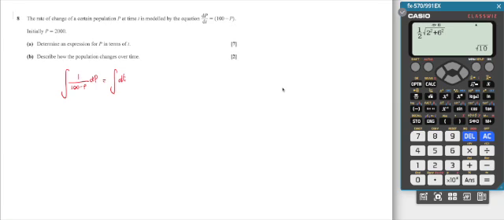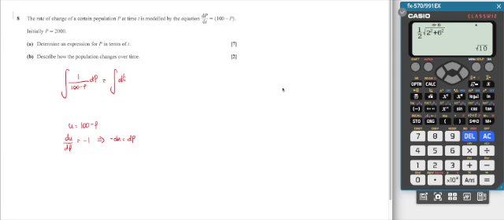Let's deal with the left-hand side first, because the right-hand side's easy. That's t plus c. The left-hand side then, let's see. Let's make u equal to 100 minus p. So I'm going to use some substitution just to make sure I get all my signs right. So du by dp is minus 1. So therefore, minus du is equal to dp.